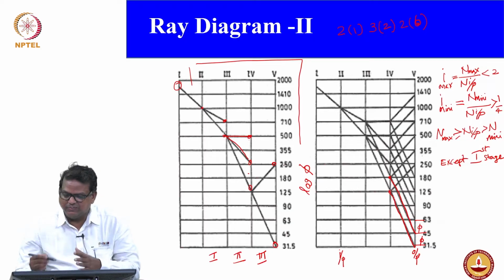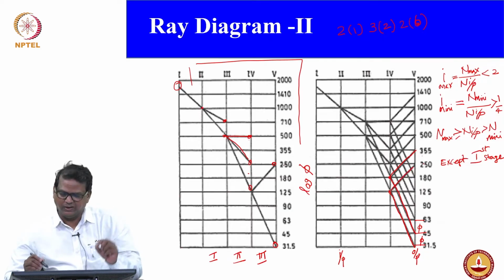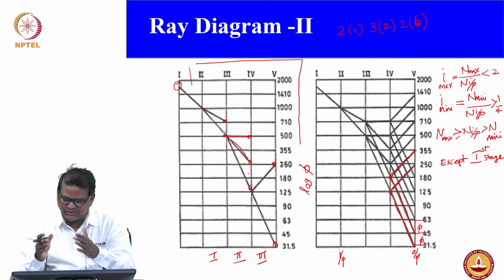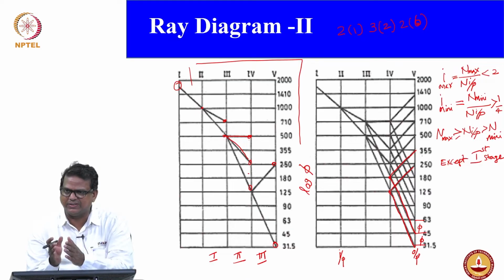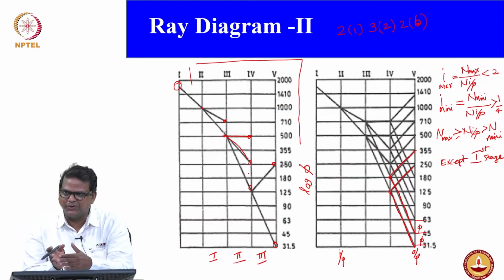Not only that, between 355 and 250, we are aware that 355 divided by 250 is a step ratio, but if they are connected parallelly, still the step ratio is maintained. So clearly you can understand that whether the lines are horizontal, vertical or inclined, if they are parallel, the step ratio will remain the same.